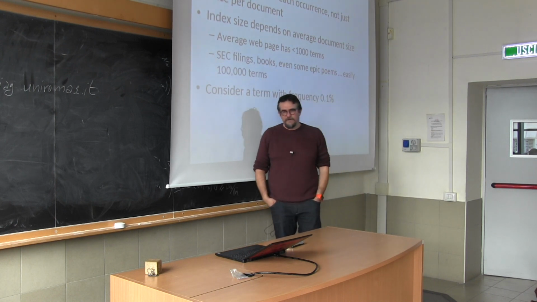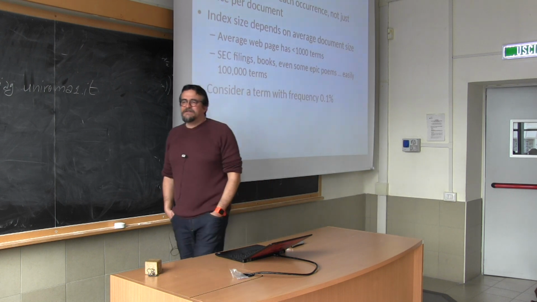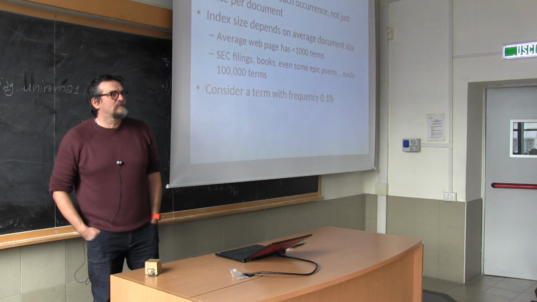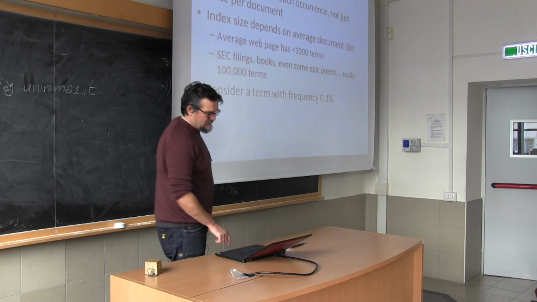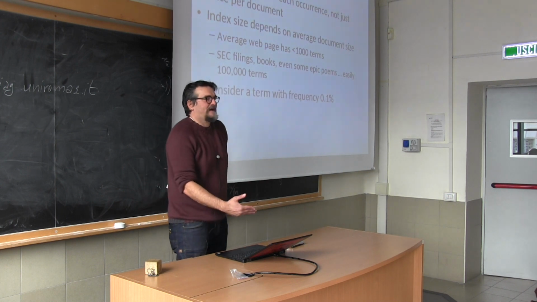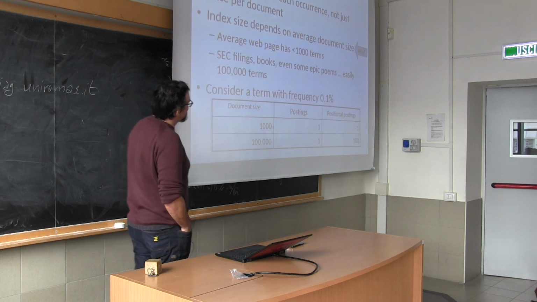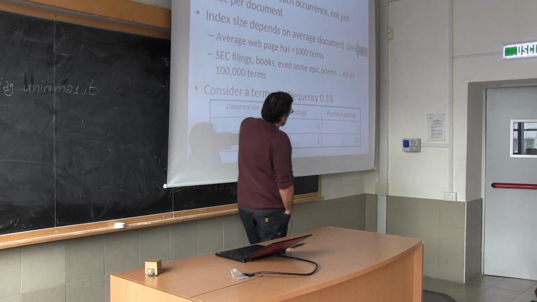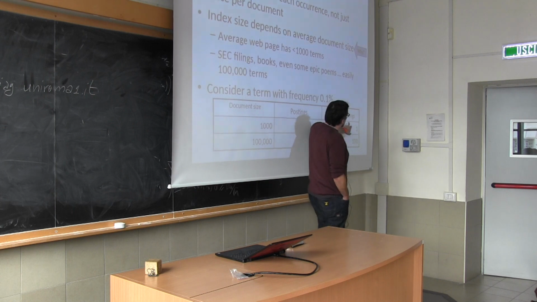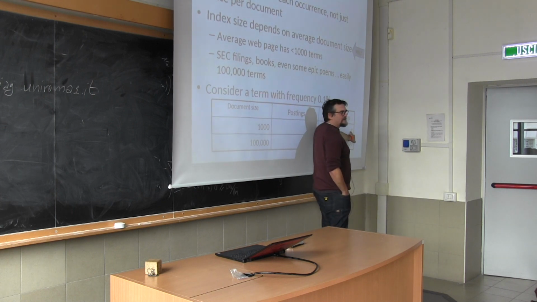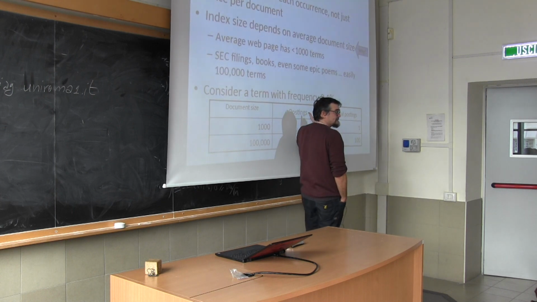Okay? Good. Now, let's assume that a term occurs 0.1% in a document, just to have a rough idea. If the document size is 1,000, the number of positional postings is 1 because of this 0.1%.